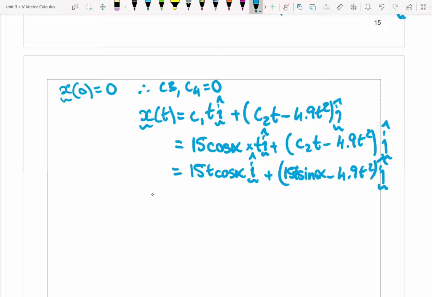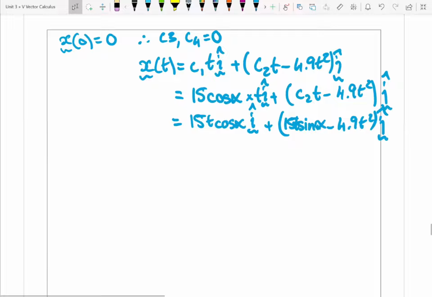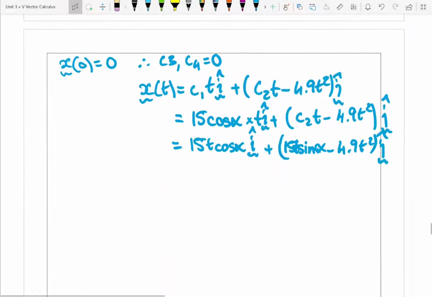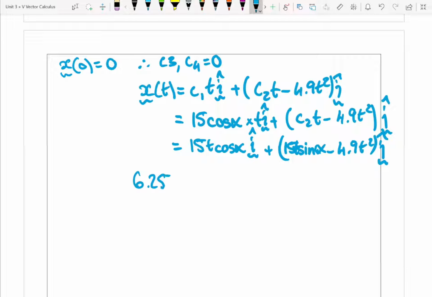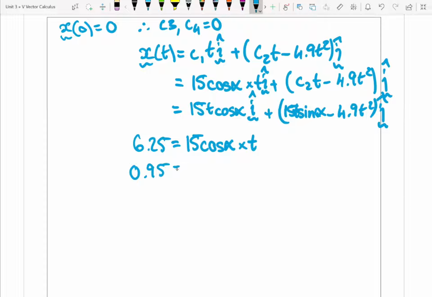So what we're going to do is use the values of x and y that we know we want to reach, which is 6.25 and 0.95. So we know 6.25 equals 15 cosine alpha times t, and we know that 0.95 equals 15 sine alpha times t minus 4.9 t squared.